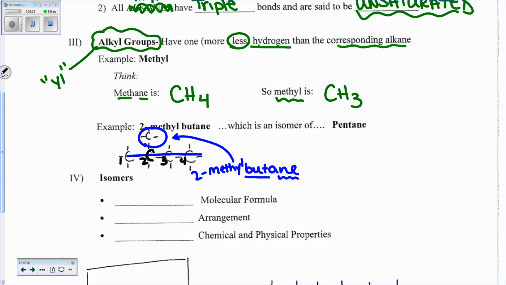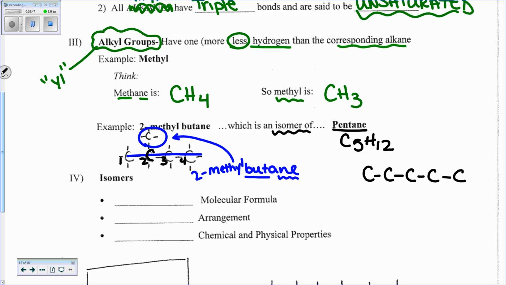This is where we start to get a little tricky. They say that it's an isomer of pentane. Pent is 5, so C5, H, well, ane, so 5 times 2 is 10, plus 2 is 12. Pentane is C5H12.